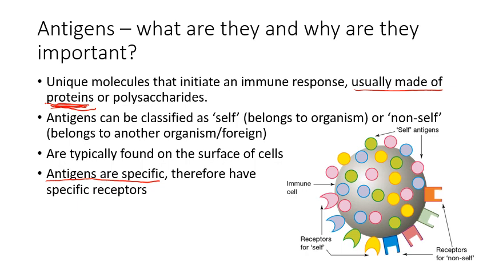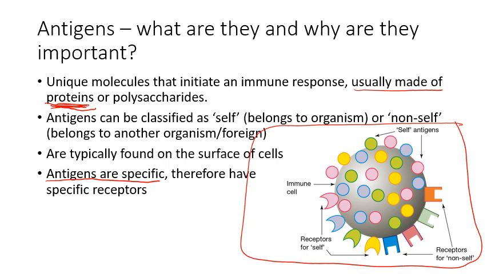To really simplify that down, let's have a look at the diagram that's on the screen here. A very simplified version of what an antigen is. We're going to pretend that antigens are being represented in this diagram by the colored circles. So let's pretend, for example, that this gray cell that you're seeing with the colored circles on it is an example of a cell from my body.